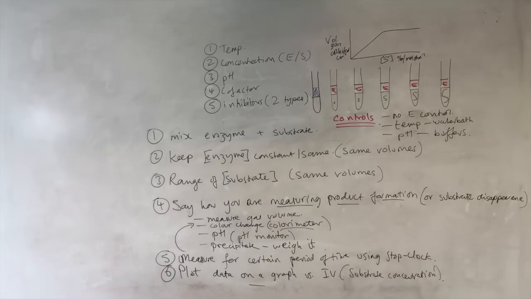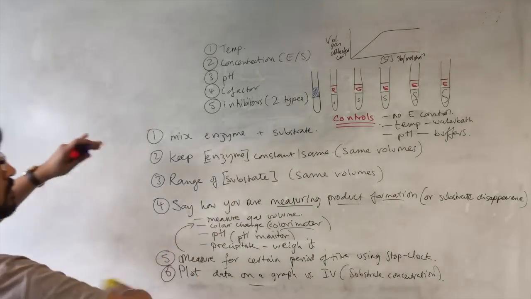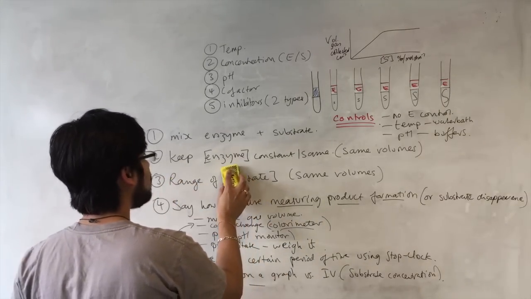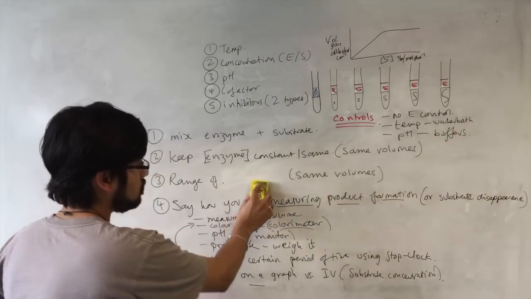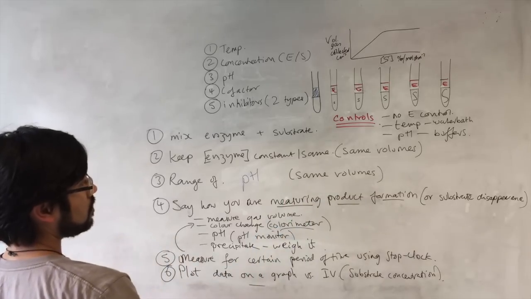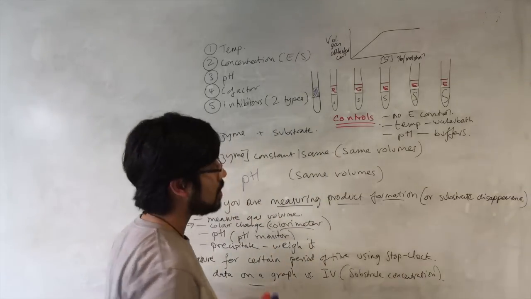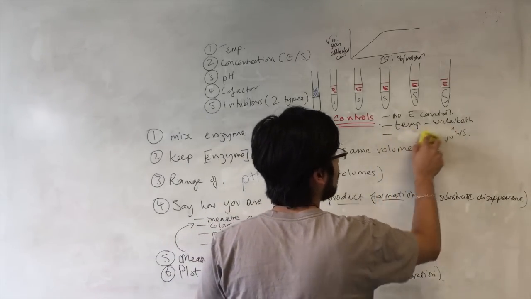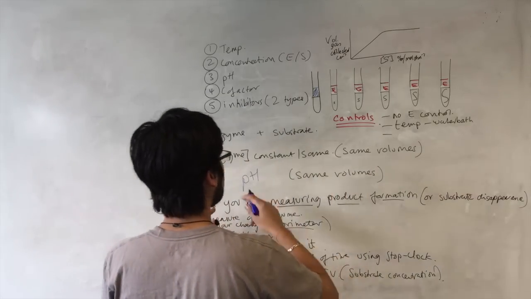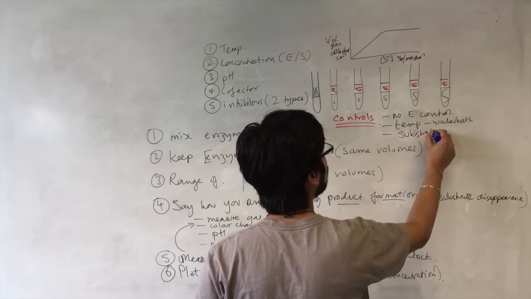Okay, guys, now remember, this could all be different. So I might be looking at a range of pHs, okay? In that case, I know what my pHs are, so I don't control pH. Now I need to make sure that my substrate concentrations are all the same.